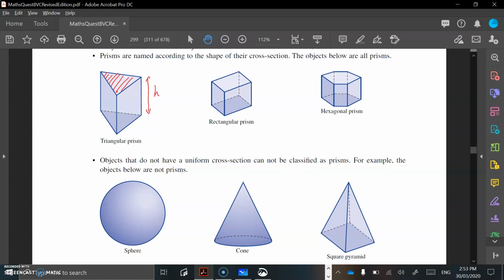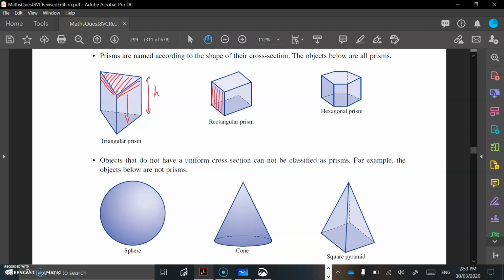So there's your height. Think of Toblerone, and each piece of the Toblerone is still going to be a triangle. Each triangle is going to be the same shape as you keep on slicing it all the way down to the bottom.